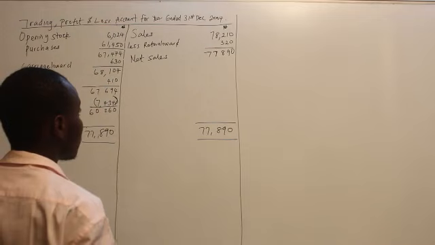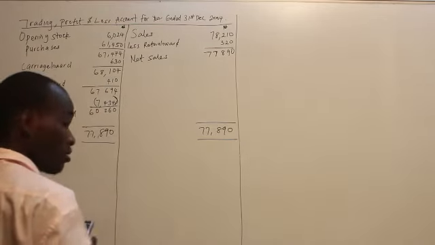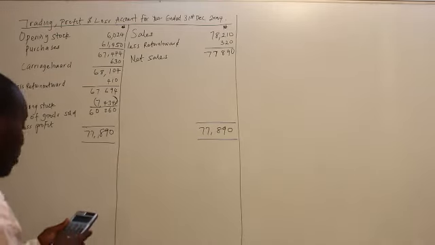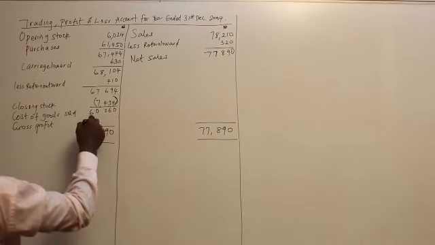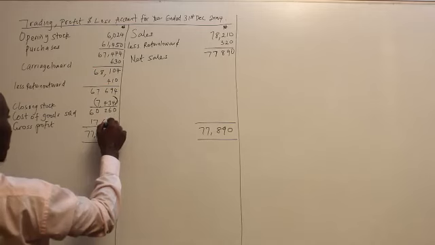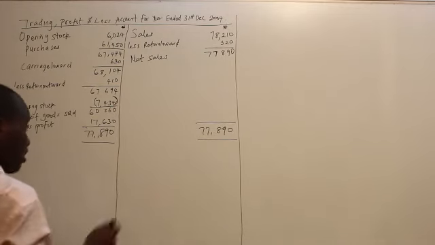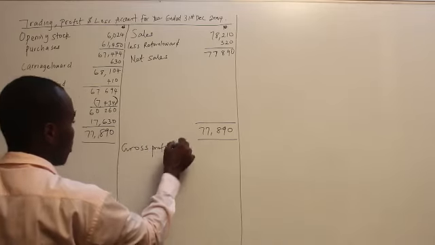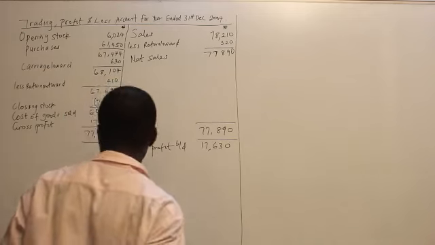You can subtract 77,890 minus 60,260. So we have 17,630 as the gross profit. So the next thing is gross profit brought down. So we have 17,630 as gross profit brought down.